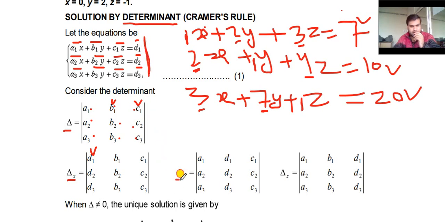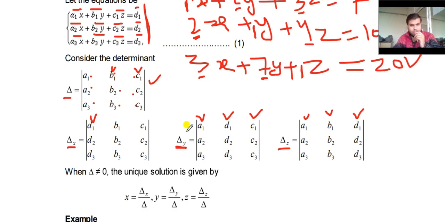Similarly, in the delta y matrix, the first and third columns are the same as the delta matrix, but the second column is replaced by d1, d2 and d3. The fourth matrix is delta z. In this matrix, the third column is replaced by d1, d2, d3, and the first two columns are a1, a2, a3, b1, b2, b3.